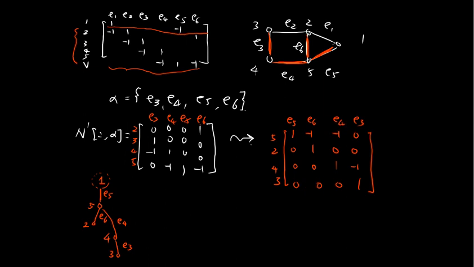E4 goes to number 4, but nothing to the bottom. E3 goes to number 3. So it will automatically create this triangular structure to help you calculate the determinant. That's basically the idea behind the proof that if it is a spanning tree, then the determinant is equal to 1 or minus 1.